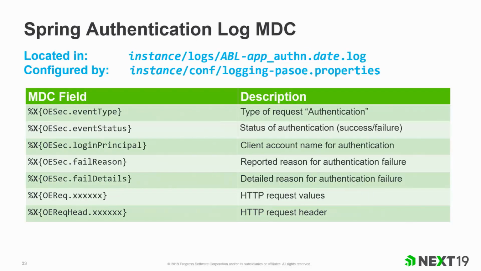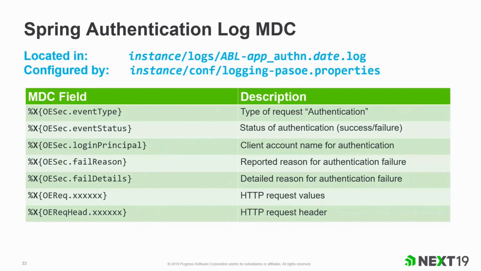Okay. Spring authentication. So the authentication log has its own special set of MDC types. It's got the event type, which I believe is always authentication. It's got the event status. So if the authentication succeeded or failed, you can log that.